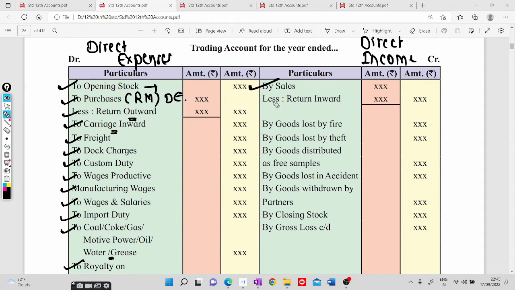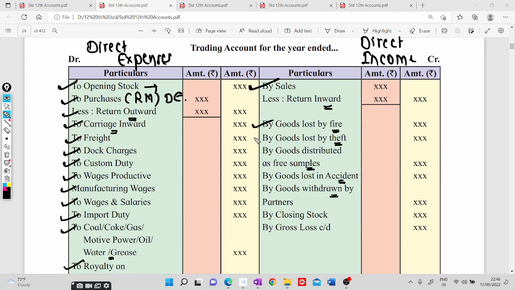Sale less return will be shown on the credit side of the trading account. Any reduction in the stock will also be shown on the credit side of the trading account. That reduction in the stock may be due to fire, theft, distribution as free samples, goods lost in accident, or goods withdrawn by the partners as drawings.